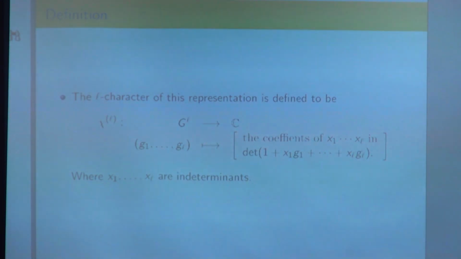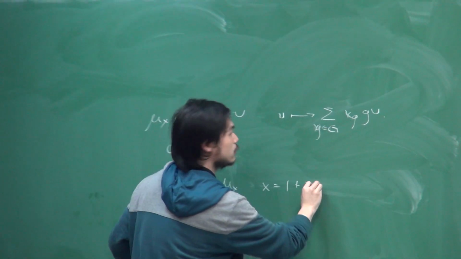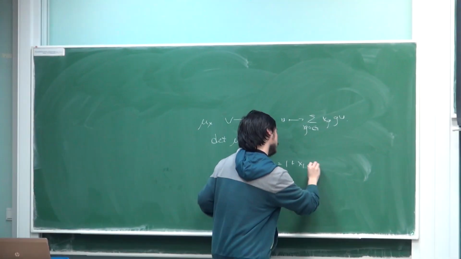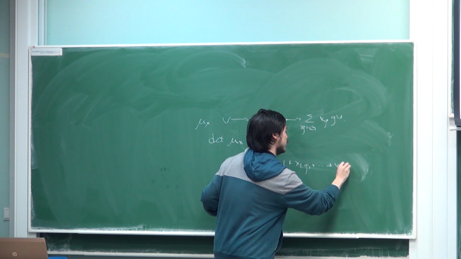We know G^L is L copies of G. And then (g_1, ..., g_L) maps to the coefficient of the monomial x_1 to x_L in this action. And this is actually a brief for mu x, with x equal to x_1 g_1 plus ... plus x_L g_L.